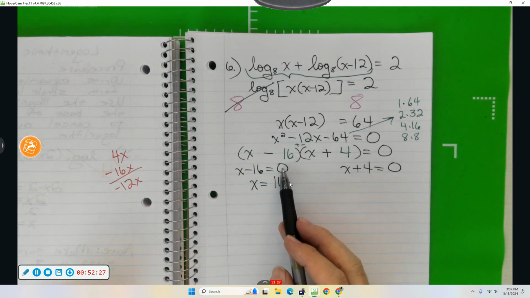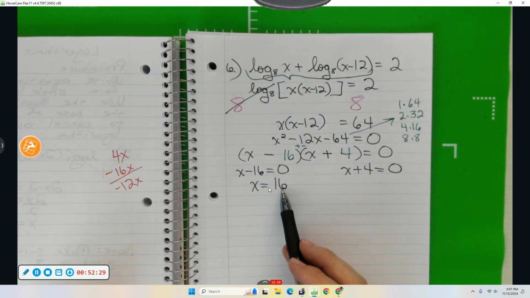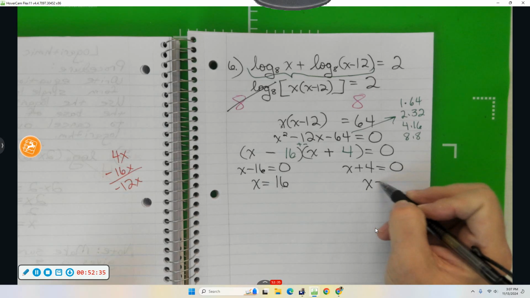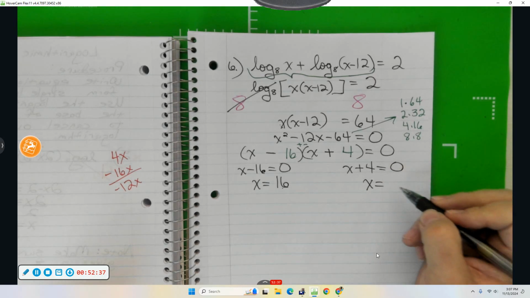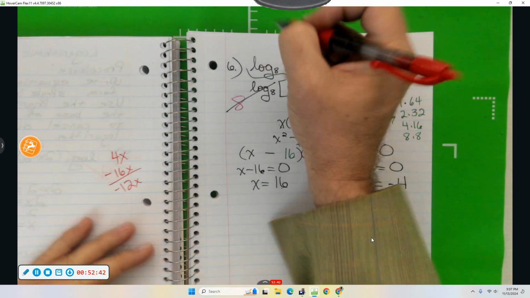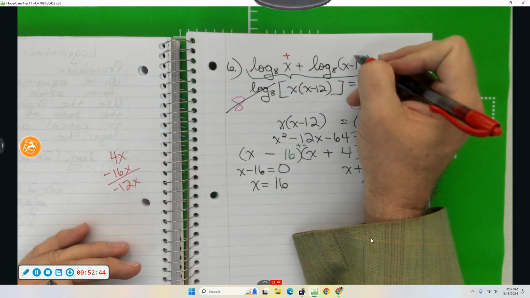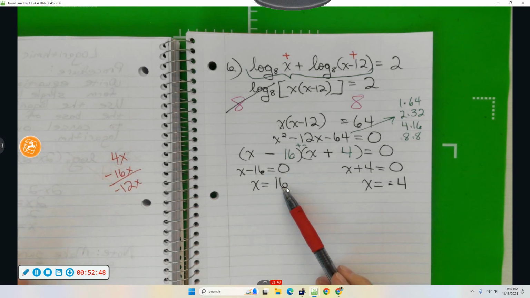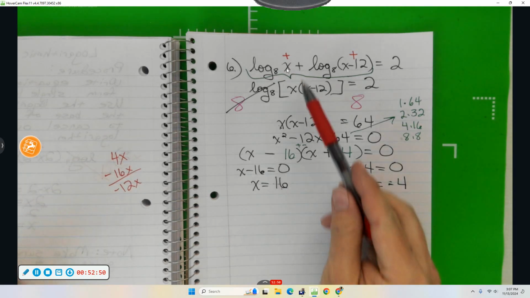Oh, so we got x minus 16 equals 0, which means x is equal to 16. X plus 4 equals 0 means x is equal to negative 4. But remember, the argument of the logarithm must be positive. 16, I think 16's okay.